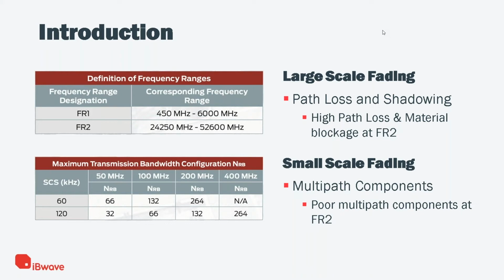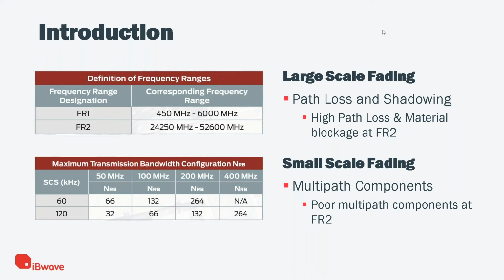In terms of large scale fading, because of the high frequency and smaller wavelength, and based on the Friis equation, the path loss is found to be significantly high at frequency range 2. Also, the material transmission loss and blockage are found to be significantly high at frequency range 2.